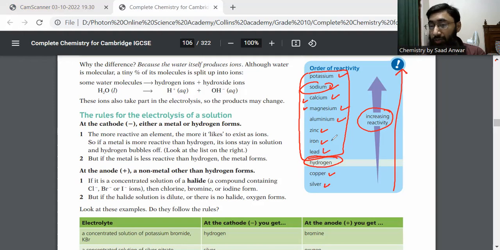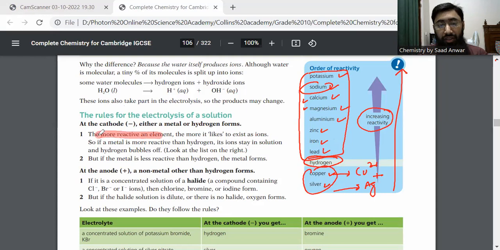The ions of that metal will stay in solution, while the ions of the metals which are present below hydrogen, the ions of that metal will reach the electrode earlier. The ions of copper and silver will reach the electrode earlier as compared to hydrogen ions.